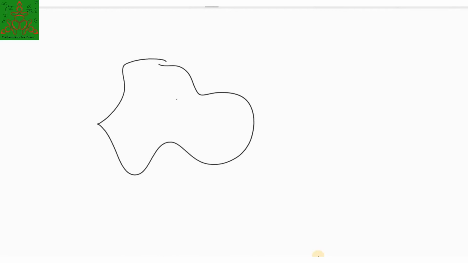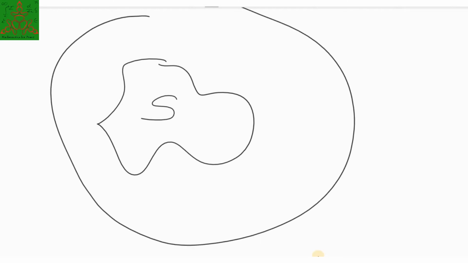For example, if I want to say this set S is a bounded set, it lies inside some radius R. If the set S totally lies inside this circle or this disk with the radius R, then it's called a bounded set.